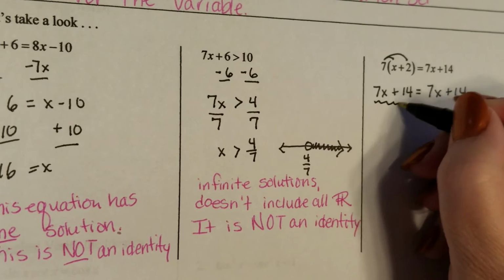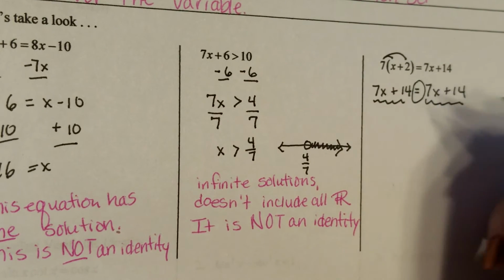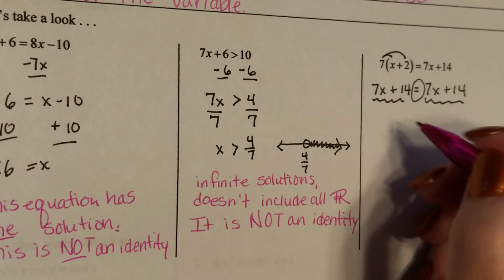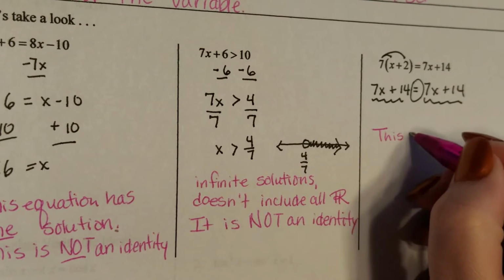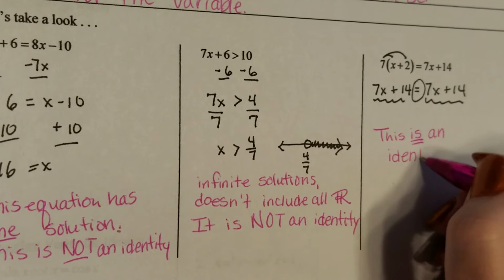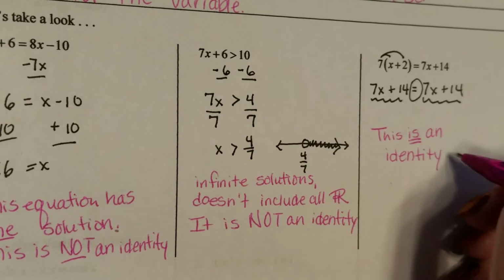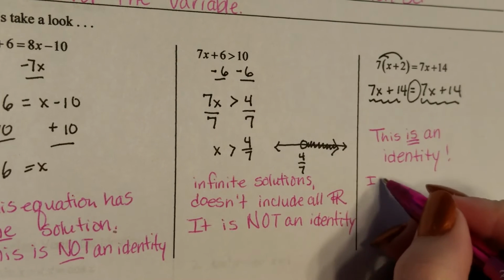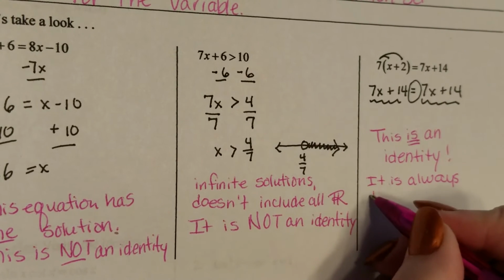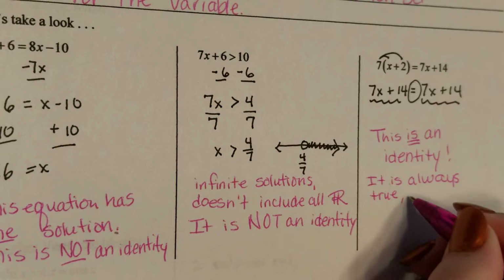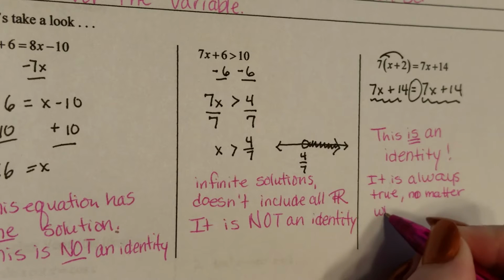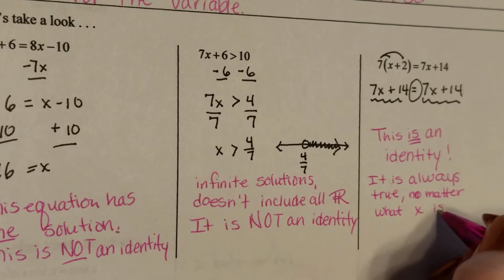Well, if it becomes the same thing on both sides of the equation or inequality, then this is an identity, because it is always true, no matter what x is.